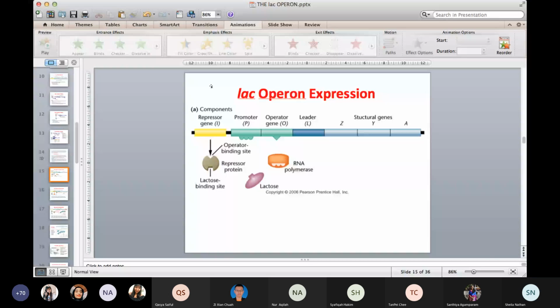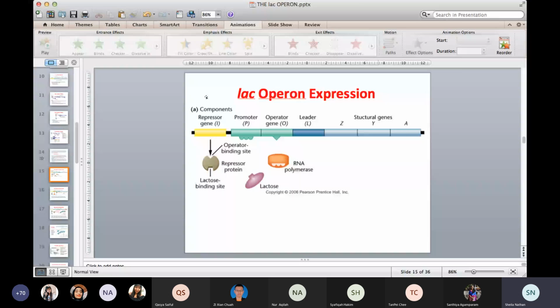As the bacterial cell can now detect high amounts of glucose, it will start to switch off the Lac Operon, because there's no need to bring in or break down any more lactose now that there's enough glucose.